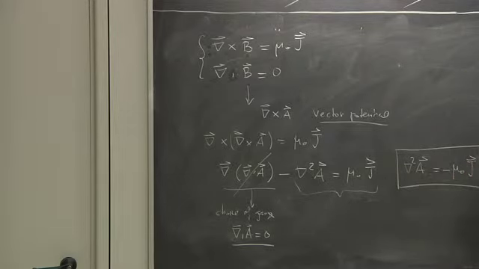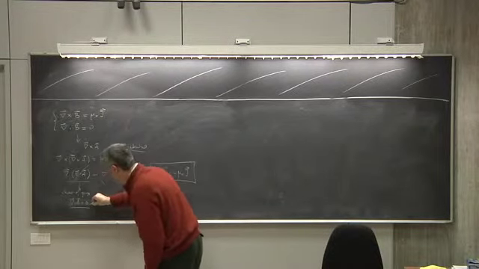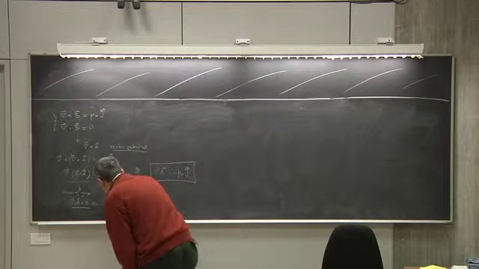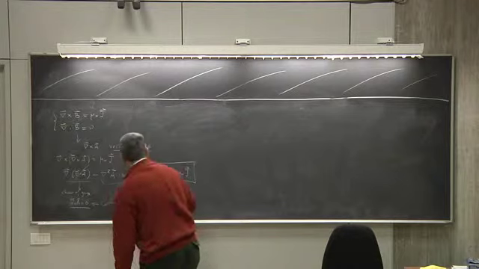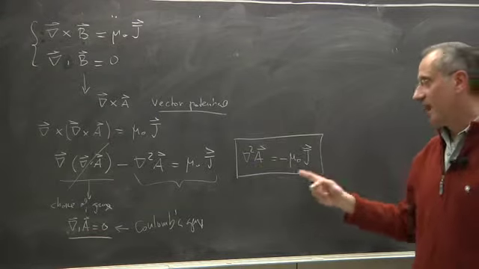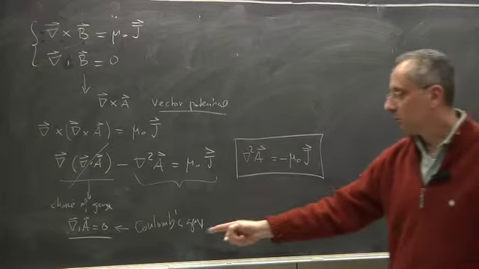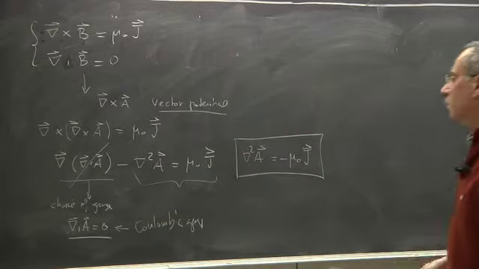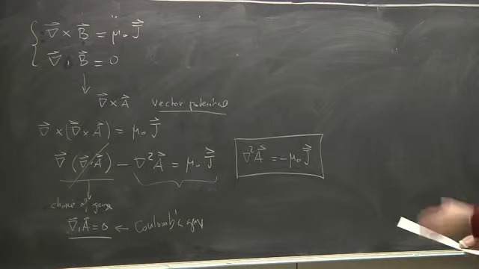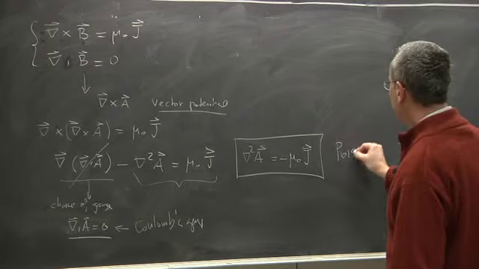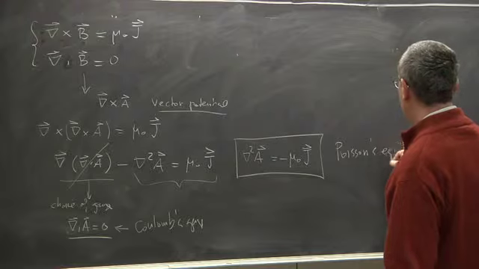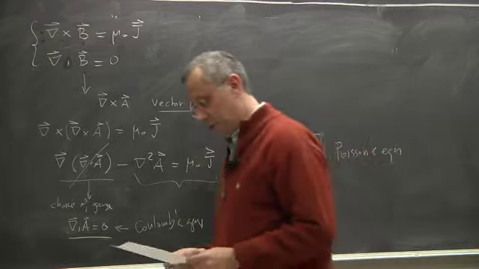So this is true in the Coulomb gauge. This particular choice of gauge is called the Coulomb gauge, I guess, because in a way it is like the Coulomb law, and your potential satisfies the same Poisson equation as the scalar potential.